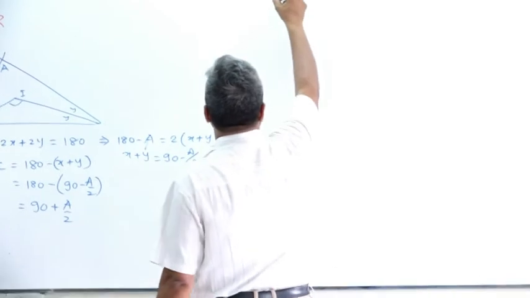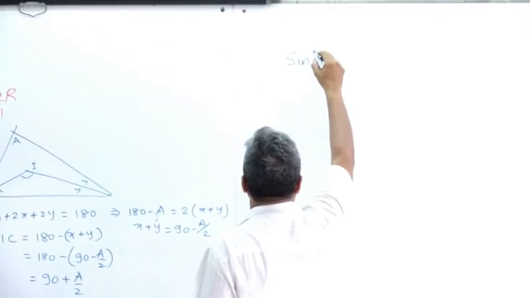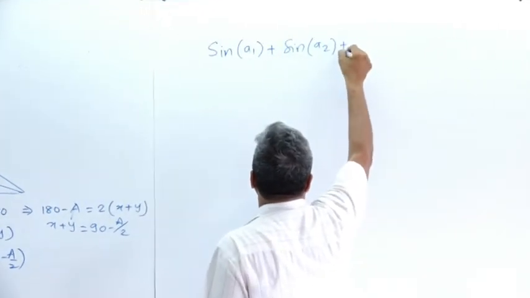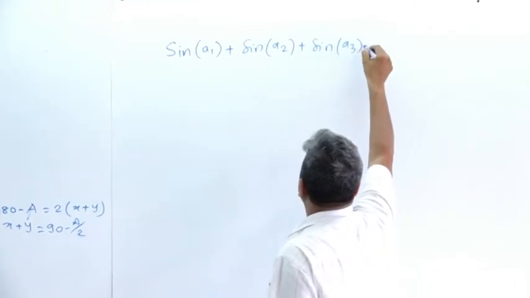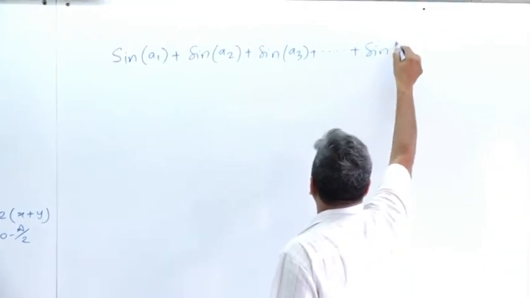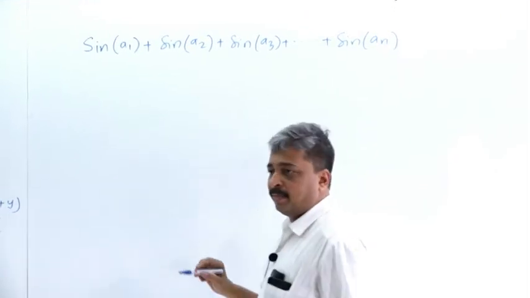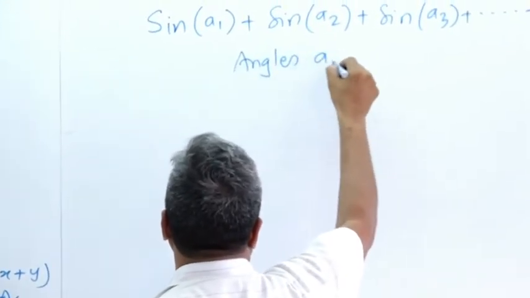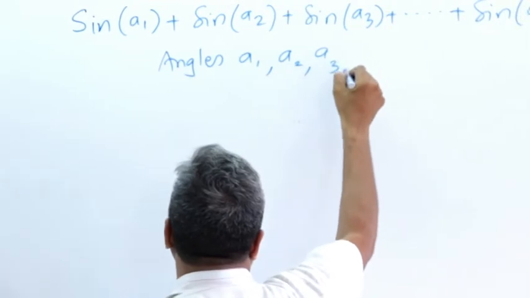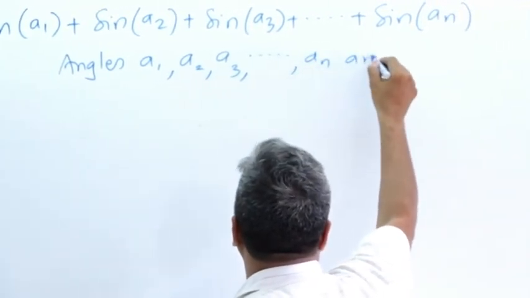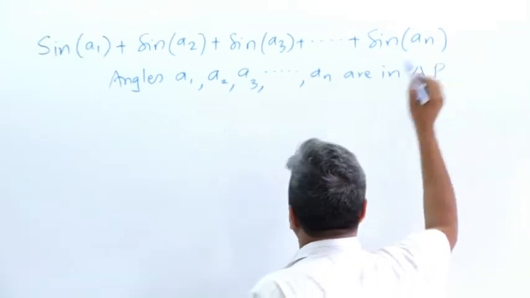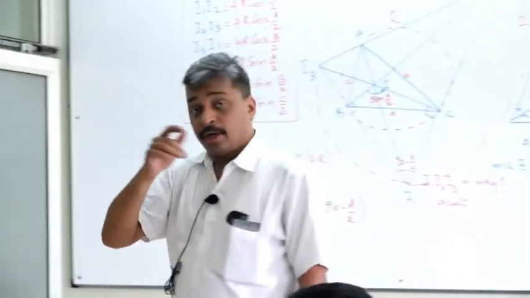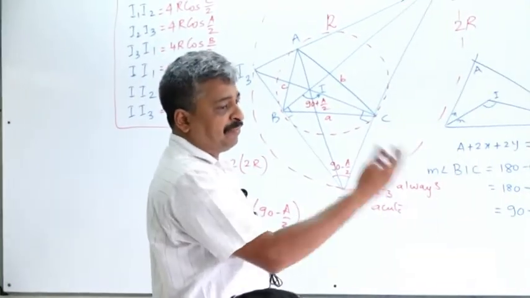So now the problem is I have a summation: sin A1 plus sin A2 plus sin A3 plus dot dot dot plus sin An, where A1, A2, A3, ..., An are angles in AP, arithmetic progression, and we want to add their trigonometric ratio, their sine ratio, and maybe after this the cos ratio.